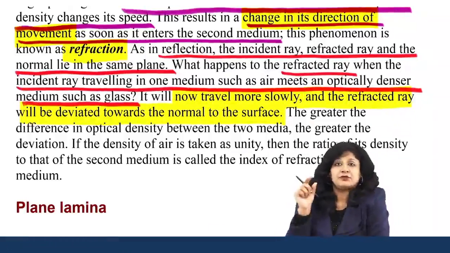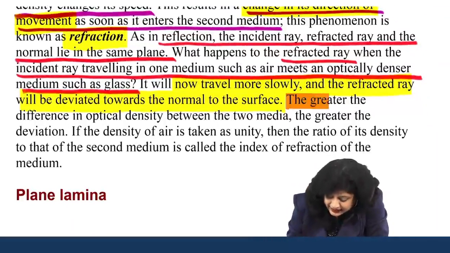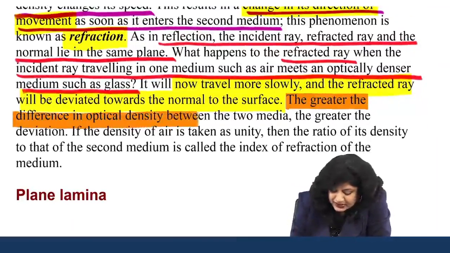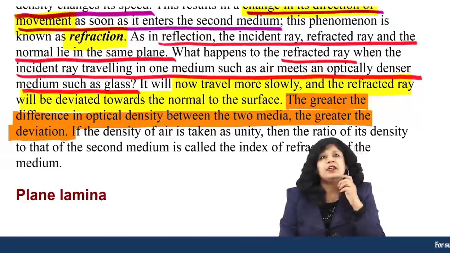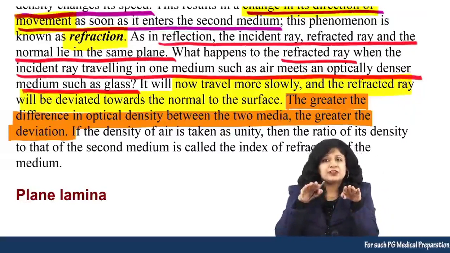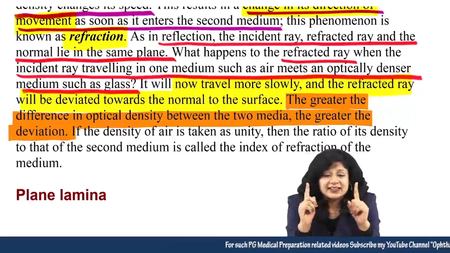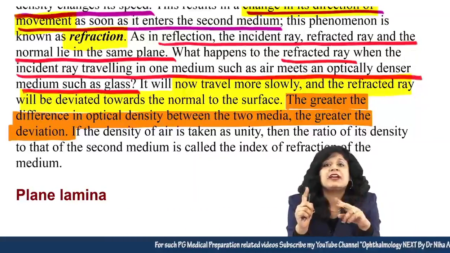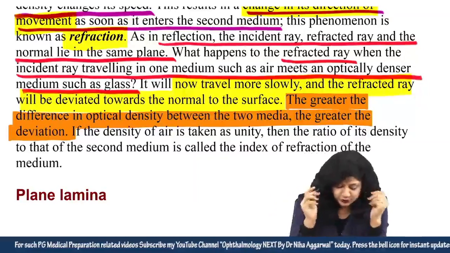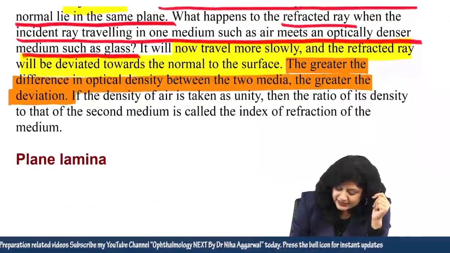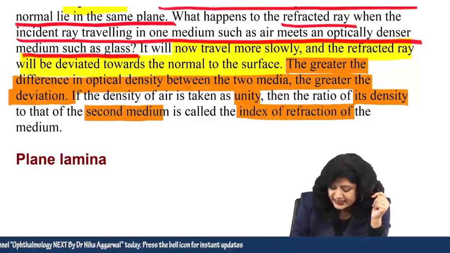One thing that you can take as a dictum is that the greater the difference in the optical density between the two media, the greater the deviation. We already know that if there is a difference in the density of the two media, there will be deviation. Greater the difference between the density of two media, greater is the refraction and greater will be the deviation. So if the density of air is taken as unity, then the ratio of its density to that of the second medium is called the index of refraction of that medium.